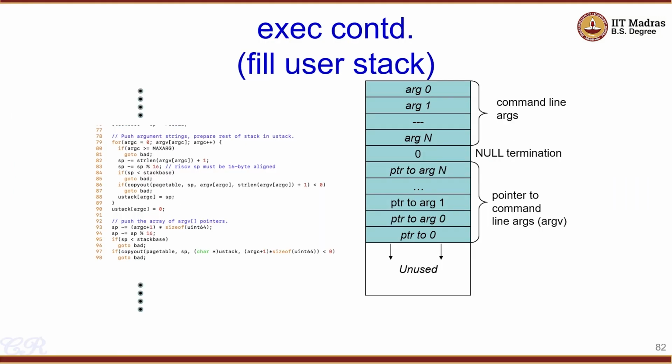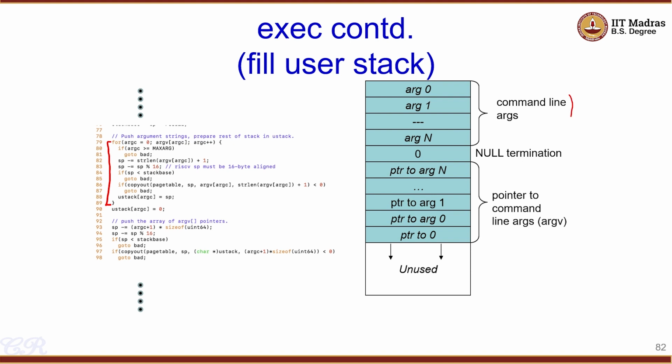So this part of the exec function essentially creates this stack, right? What we see from here to here, this particular for loop, is where we push the argument strings and prepare the rest of the stack in the user space, right? This is the program that we want to start. So we are copying these strings like arg0, arg1, argn, and so on onto the stack.